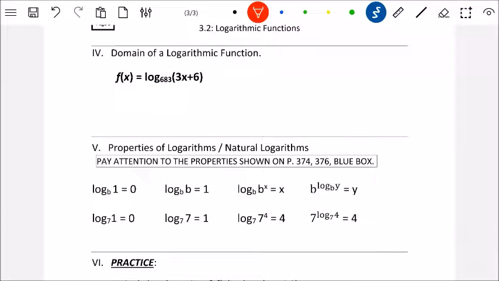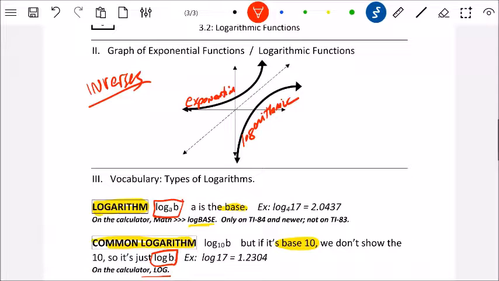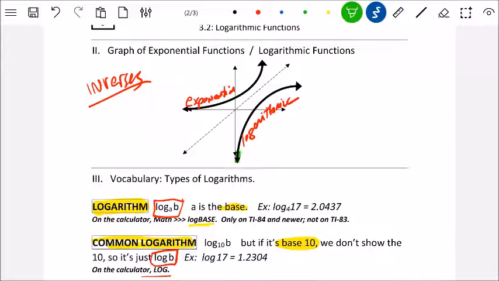The domain of a logarithmic function. So one of the things to point out here is, come back and look at something with me for a moment. Look at this graph. Notice the domain of it.